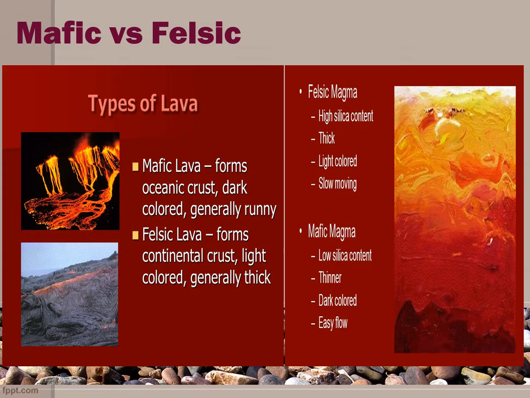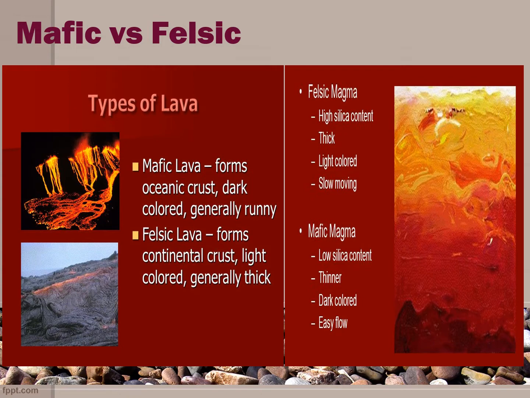The different types of lava, your mafic lava and your felsic lava. Mafic lava forms the oceanic crust, dark colored and generally runny, and felsic lava forms the continental crust, light colored and generally thick. Your felsic lava has a high silica content. Silica is the same component used in glass.